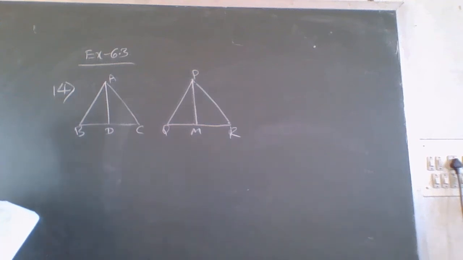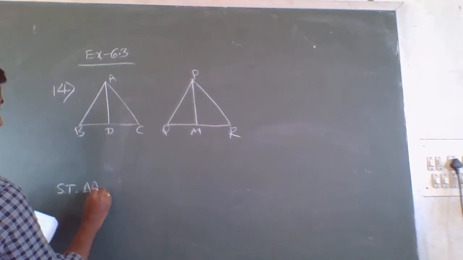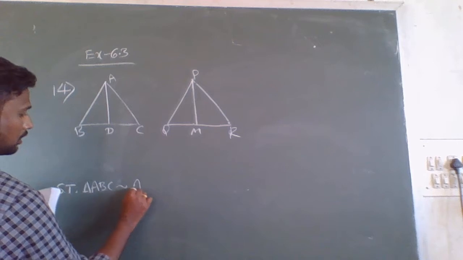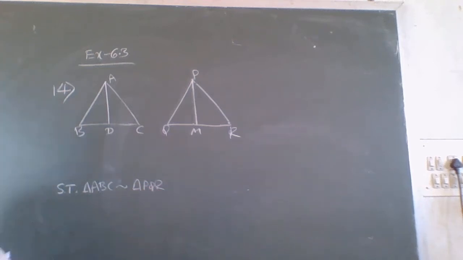So here, they are given that, we have to prove triangle ABC is similar to triangle PQR.